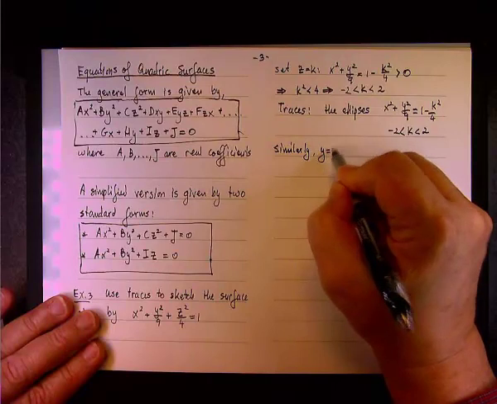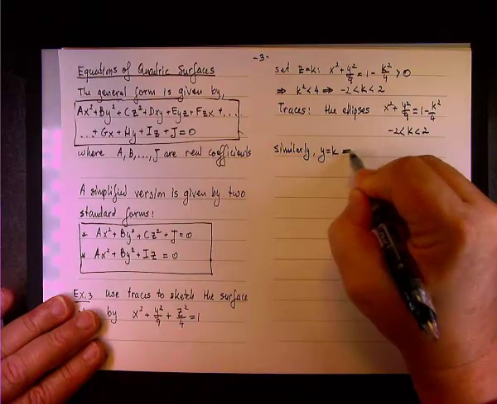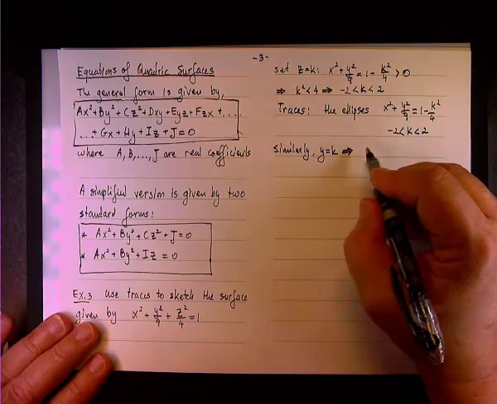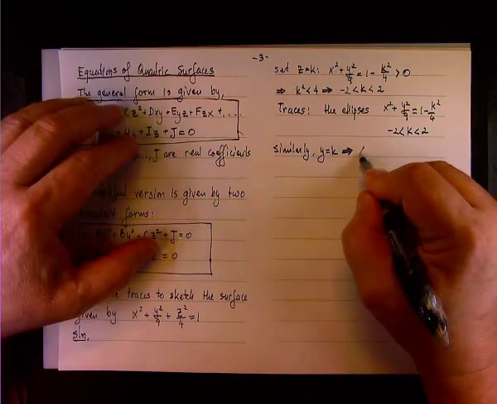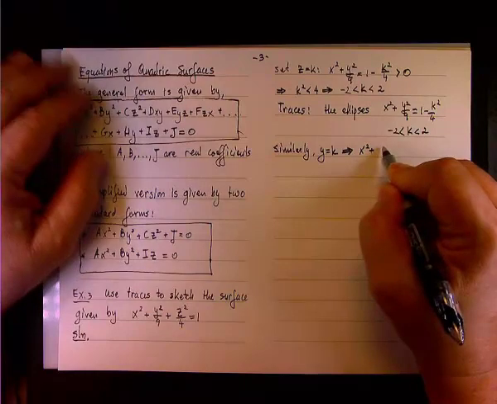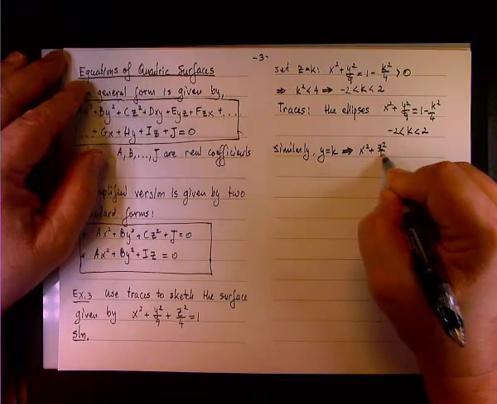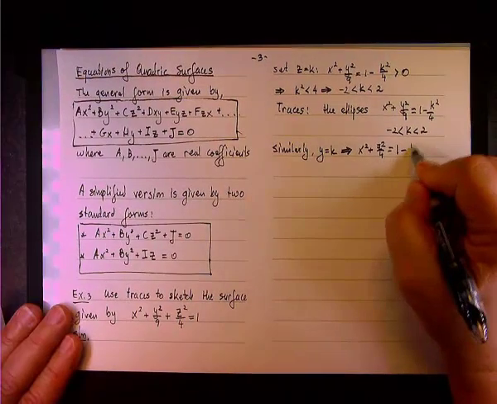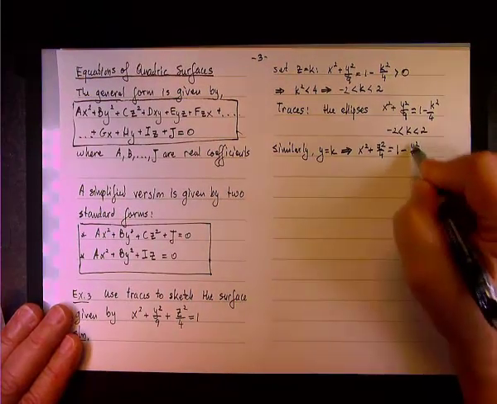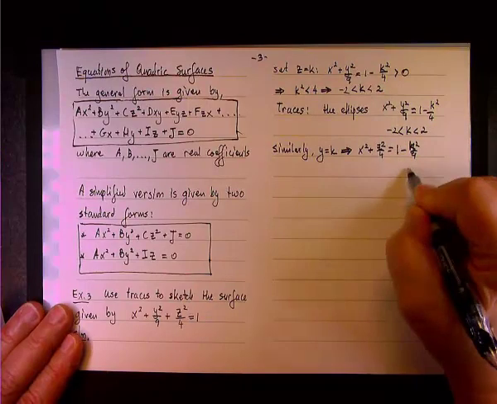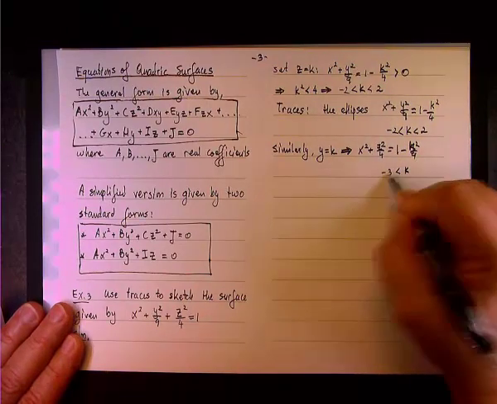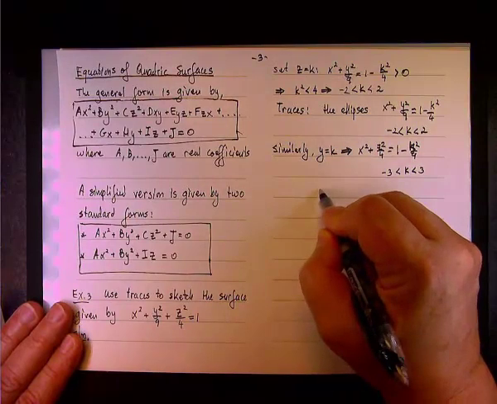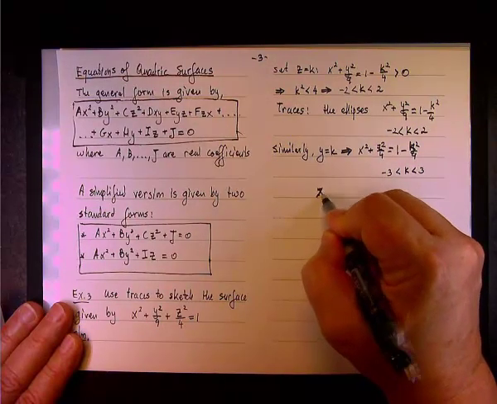Now likewise, we're going to set up y equals k, which gives you the following. If y equals k, you have x squared plus z squared over 4 equals 1 minus k squared over 9, with k greater than -3 and less than 3.